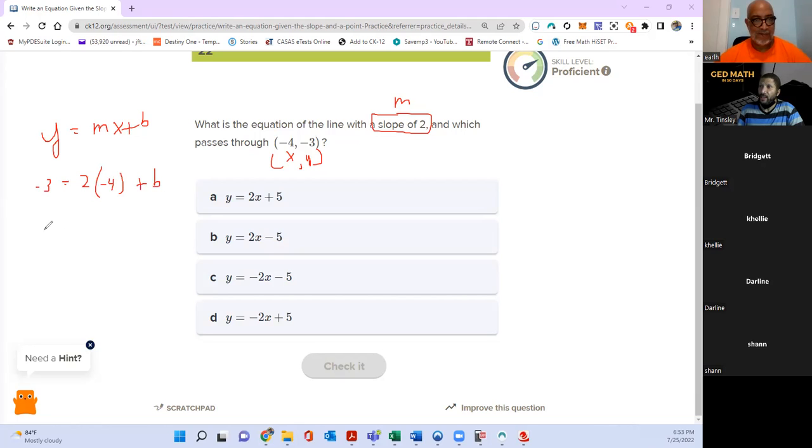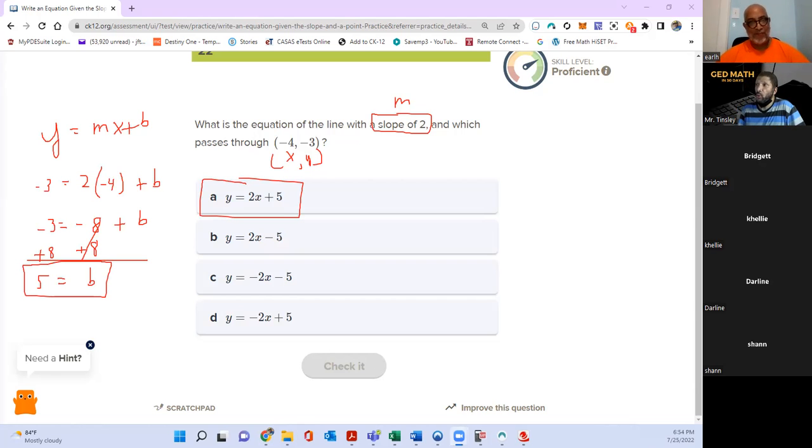Need to simplify. Bring down my -3. Bring down my equal. 2 times -4 is -8, plus b. In order to get the b by itself, I need to get rid of -8. The opposite of -8 is +8. I need to add 8 to both sides. 8 minus 3 is 5. Bring down my equal. The 8s cancel. Bring down my b. My y-intercept is +5, which is A.